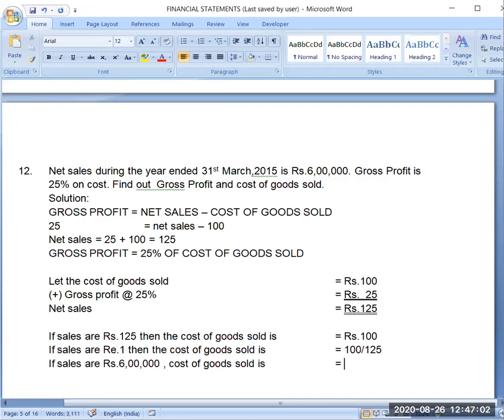You can assume it X also, and that way you can make the equation and you can solve it also, if you feel like that. Yes. So 100 upon 125, or I should write it in different manner. 100 multiplied by 6 lakh.